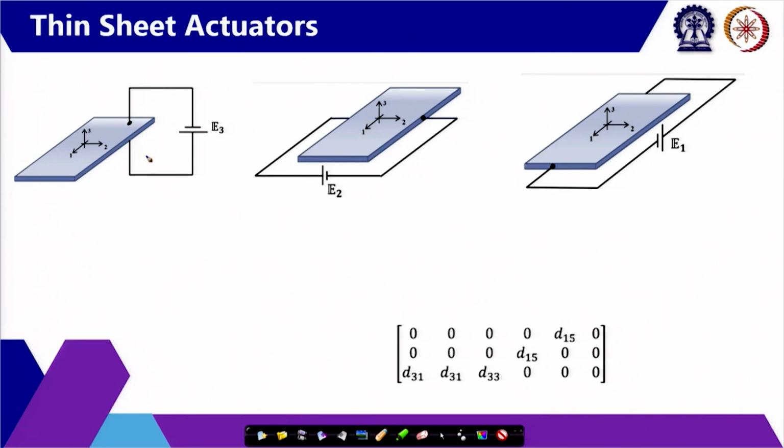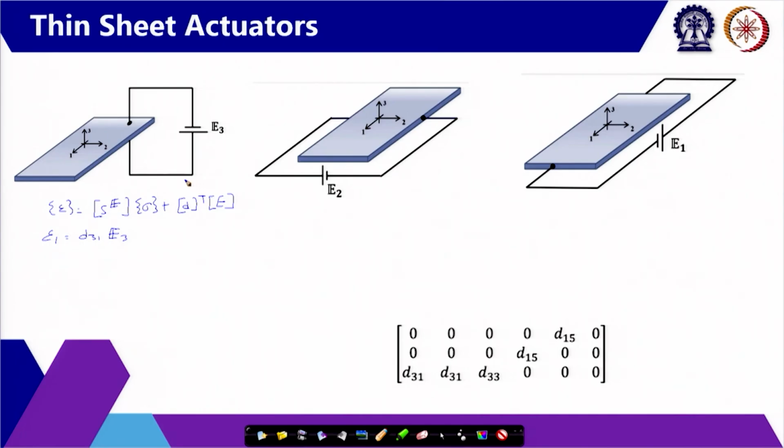Now, assume that it is under electric field E, and if that is the case, then the constitutive relation that we are supposed to use here is epsilon is equal to S^E multiplied by sigma plus d multiplied by E. So, with this relation we can write epsilon 1 is equal to d31 multiplied by E3. So, E3 is the voltage applied.